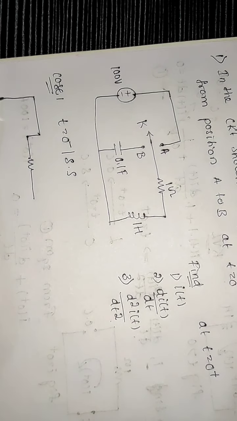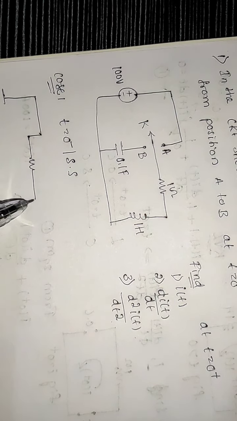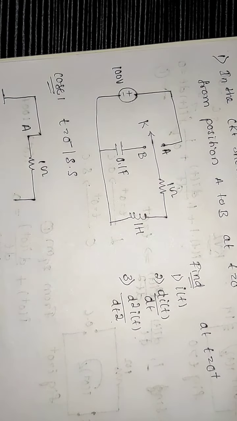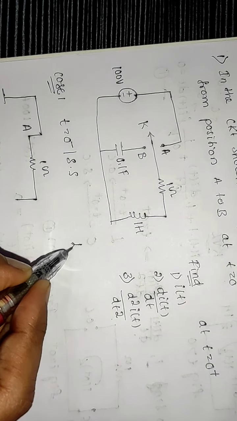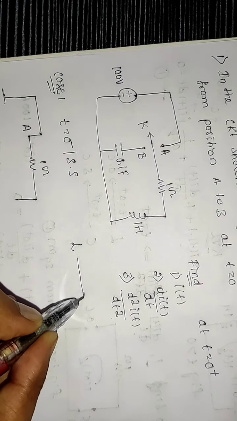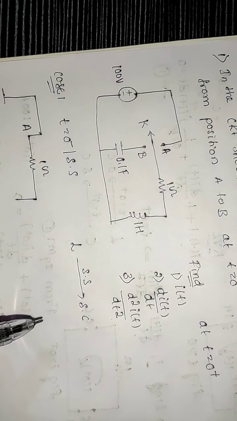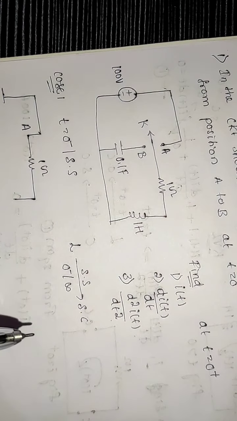This is position A, resistor 1 ohm, 100 volt. We already know that the inductor acts as a short circuit at steady state, at 0 minus or infinity.